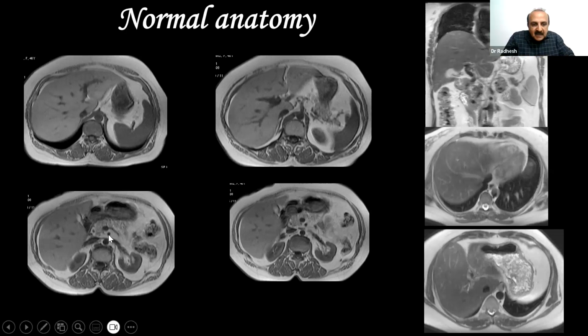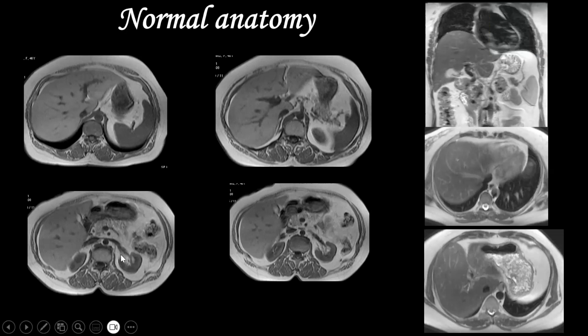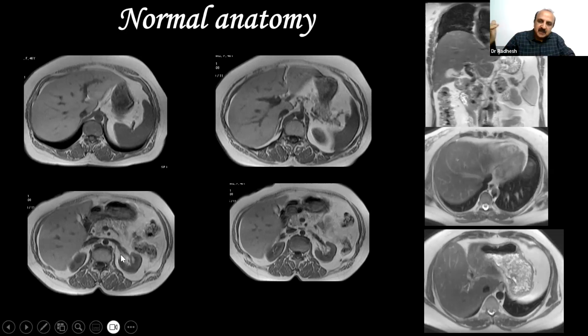Okay. Then behind that, in this image, you see a vascular structure crossing the aorta anteriorly, going into the IVC. This is IVC. This is aorta. So what is this? Left renal vein. Left renal vein? Absolutely. Clear? Left renal vein, it is like third portion of the duodenum. It is always horizontal.